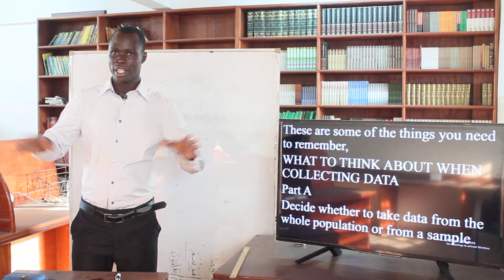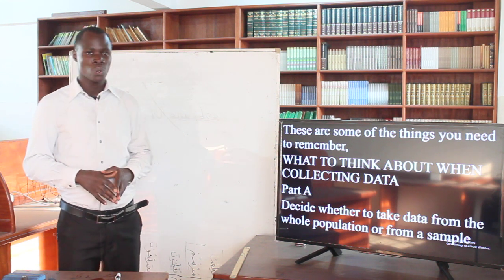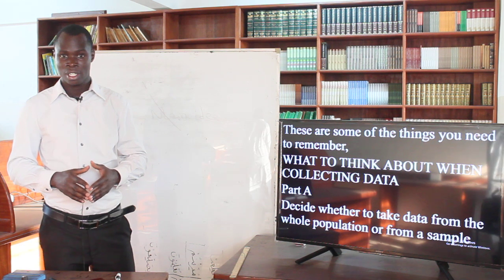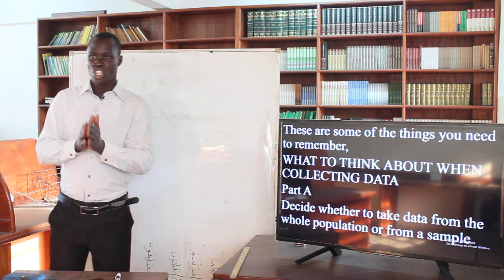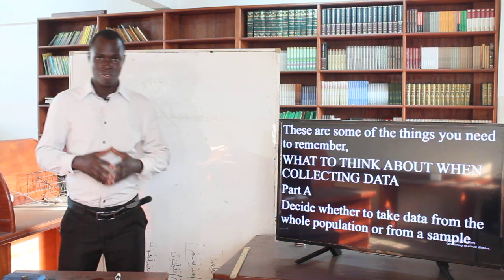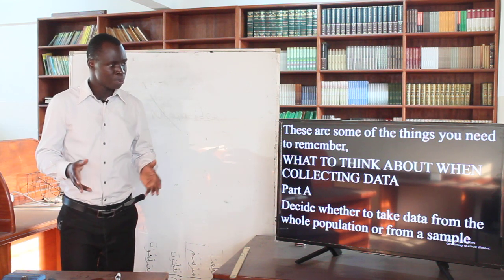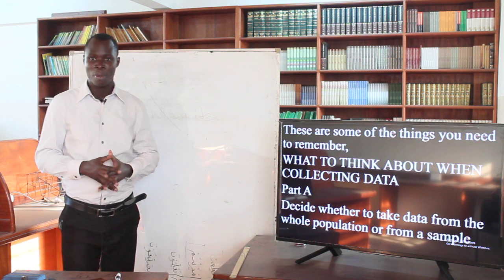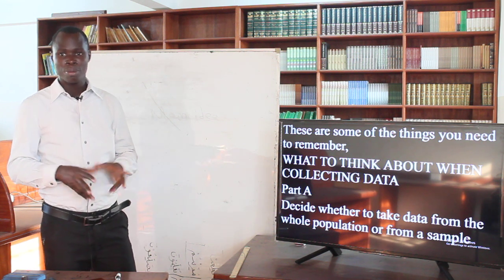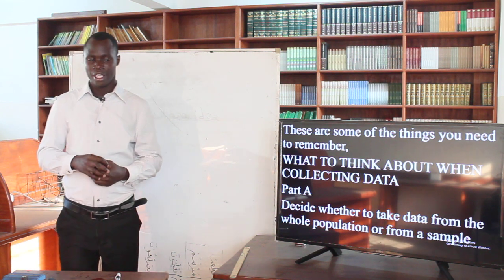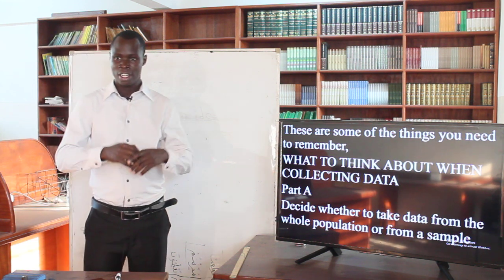However, suppose that you want to collect data about an entire school that has got 1,000 students. Or maybe you want to collect data about a village that has got even 3,000 people living within the main block. In that case, it will be difficult to walk into each and every house and collect the data.